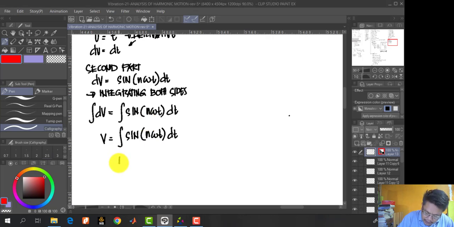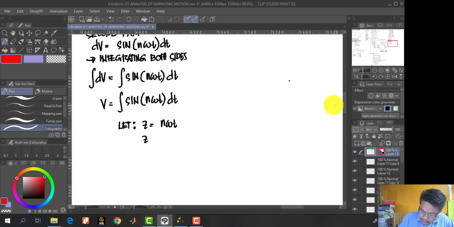So I'm going to let z be equal to n, angular velocity times time. So I can rewrite this one with z. So that will be all over n, angular velocity, sorry, not time.